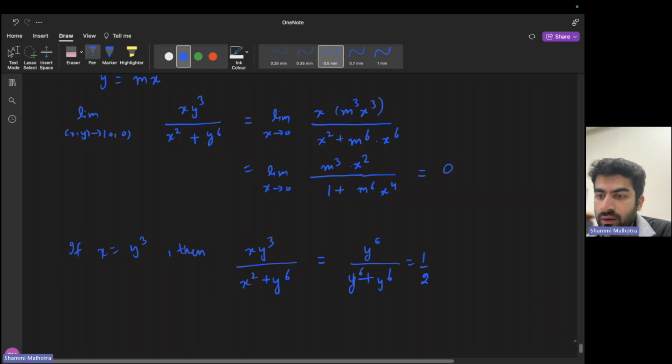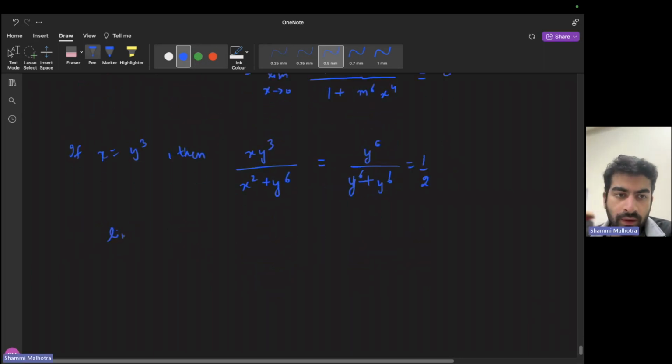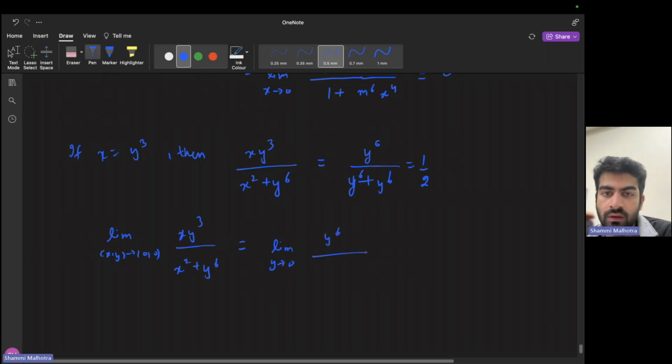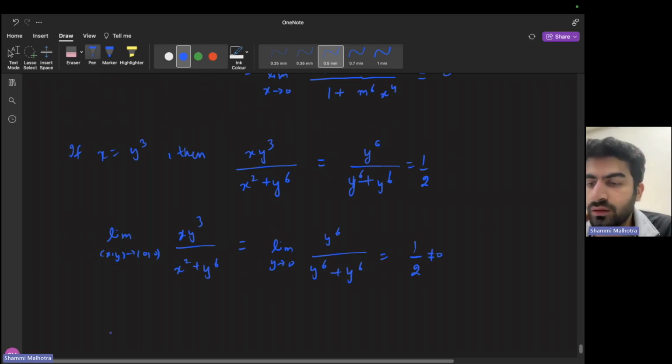So if you evaluate the limit x y tending towards 0 0 of x y cube over x square plus y raised to power 6 on this path, this will be limit y tending towards 0 of y raised to power 6 over y raised to power 6 plus y raised to power 6, which is just half, and this is not equal to 0, which we were getting earlier. If the limit exists, it has to be equal on all the paths we have considered. We got one path where we're getting a different limit.